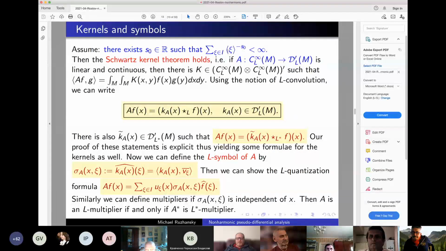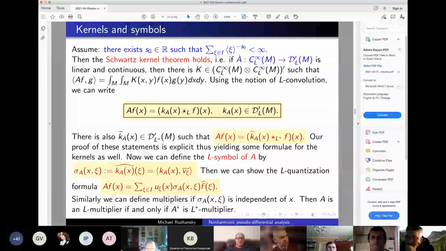In a quantitative way, we put that there is some power S0 such that the series of negative powers of the eigenvalues converges, because we put minus S0.